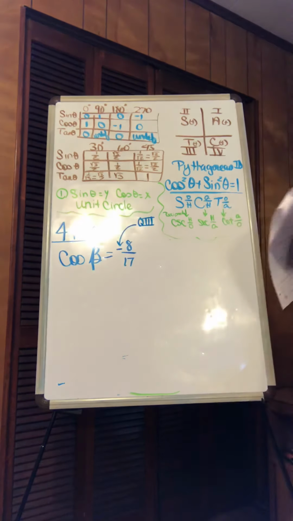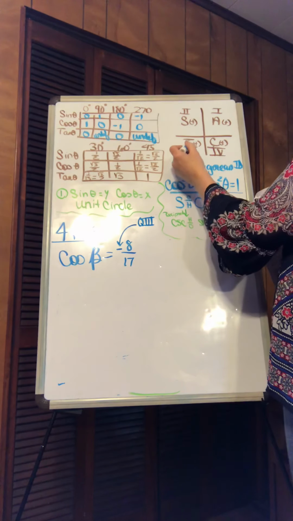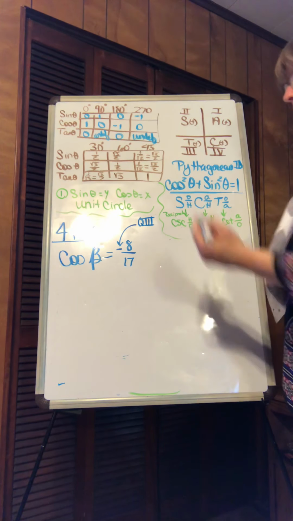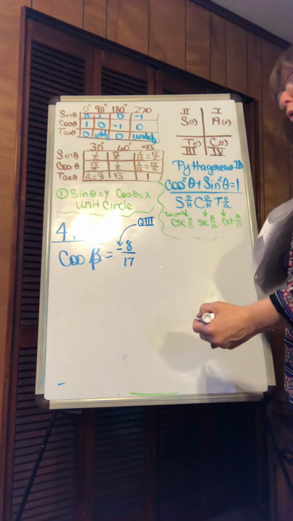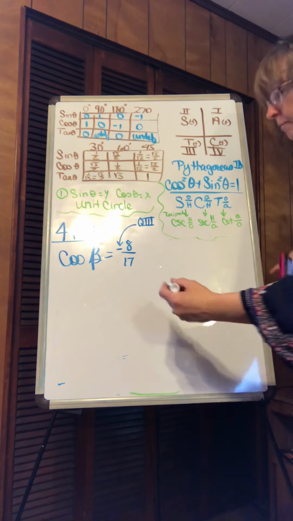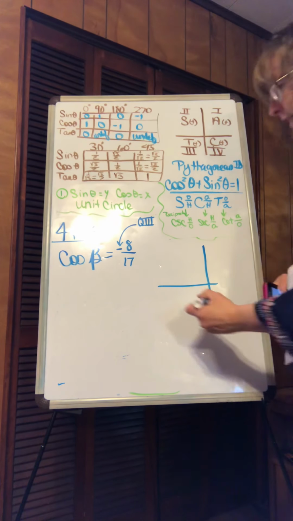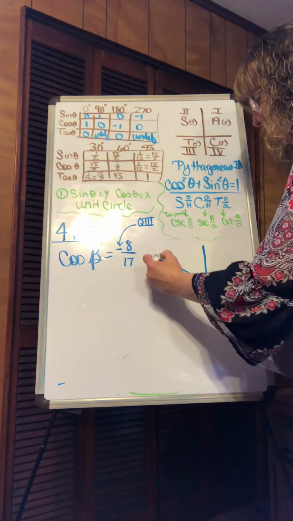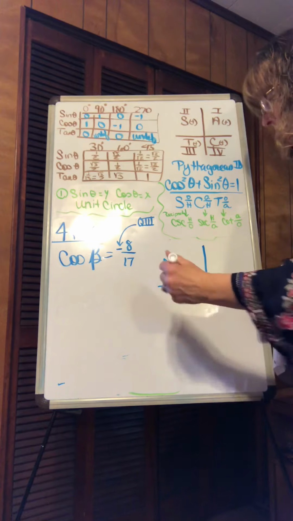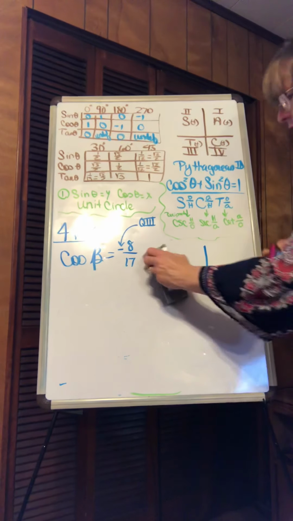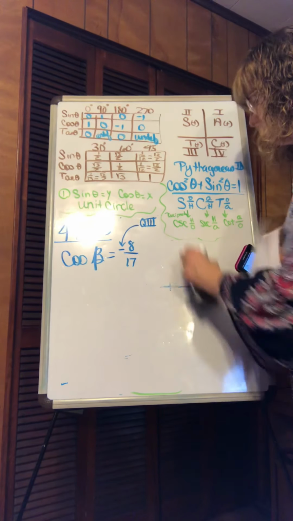I know cosine is negative in quadrant 3 because this is tangent's quadrant. That means sine is also negative in quadrant 3. But if I take a moment and I draw myself quadrant 3, here's my angle beta in quadrant 3.